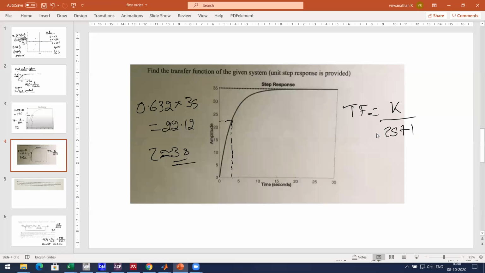Looking at the response, you can calculate the time constant and the value of K, and with that you get the transfer function. So this is particularly useful when you're doing system identification with the black box method.